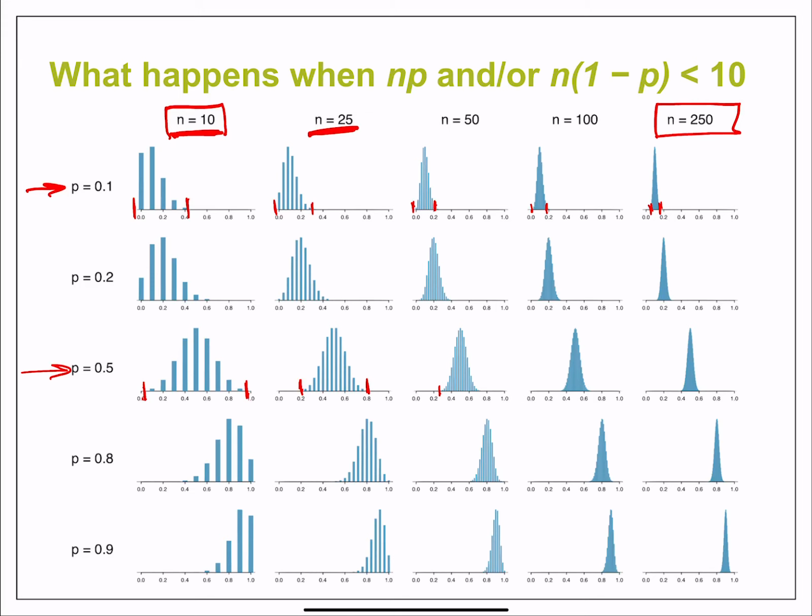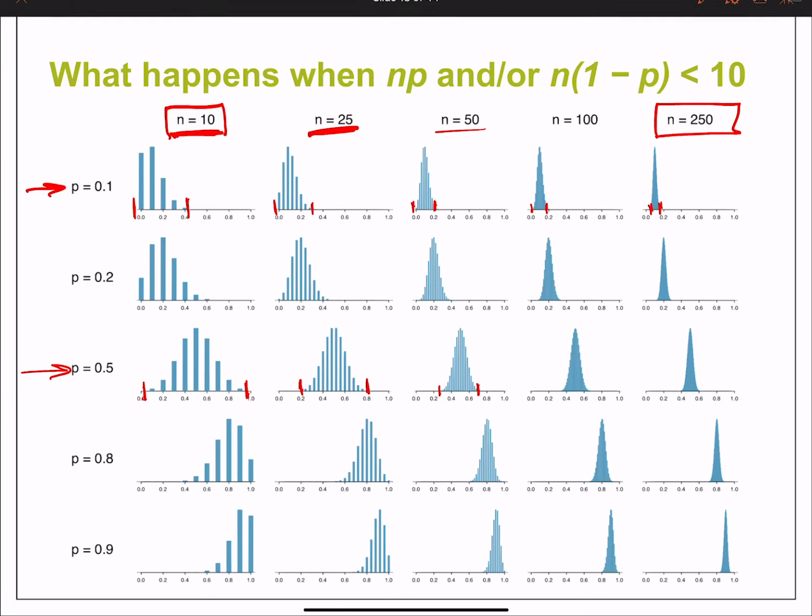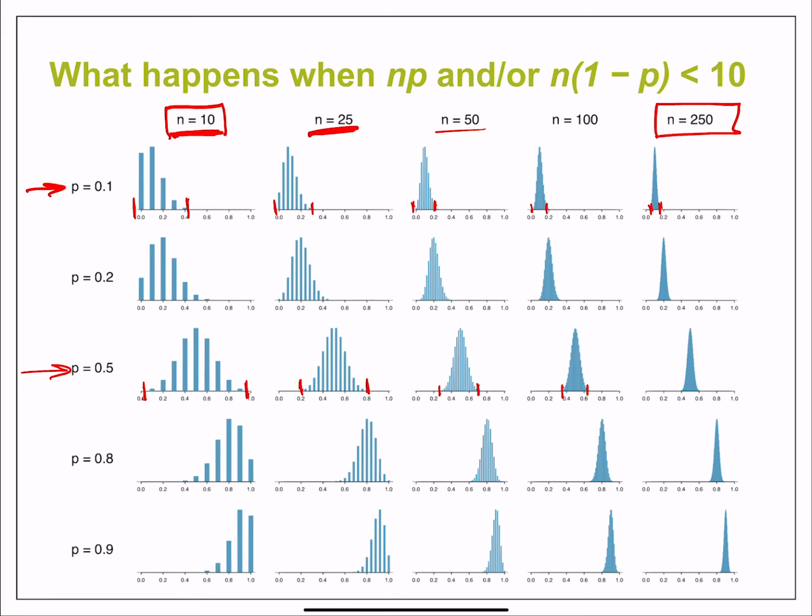Then we have even smaller, like 0.3 to 0.7, and that's when we go up to a sample size of 50. And when we go up to a sample size of 100, we're in between 0.4 and 0.6. And when we go up to 250, we're even smaller, in between like 0.4 and 0.6, but in the middle of it.